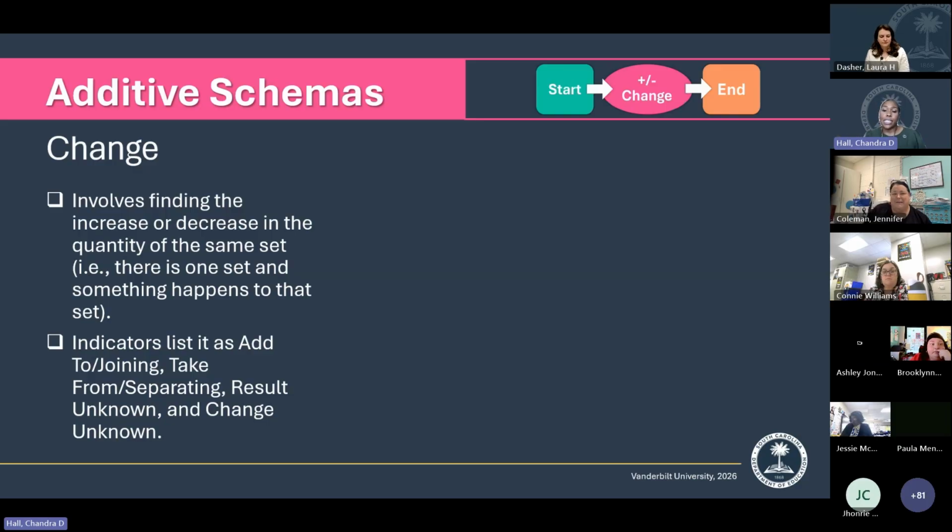This is how it's listed in the indicators, okay? The verbiage is going to be a little bit different because we've had some more updated research and studies, and so this presentation reflects that, but I wanted to make sure that there was a bridge there, so I included the verbiage that you will see in your indicators.